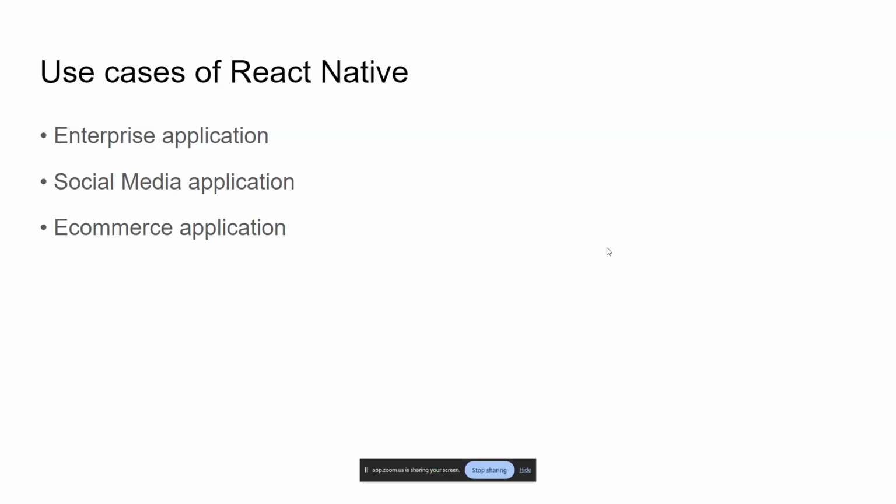Okay, so next will be, what are the use cases of React Native? React Native, nowadays, is mainly used for enterprise applications, social media applications, and some smaller e-commerce applications. So when it comes to enterprise applications, you will be having, sir, can you give me some examples of enterprise applications? Yeah.